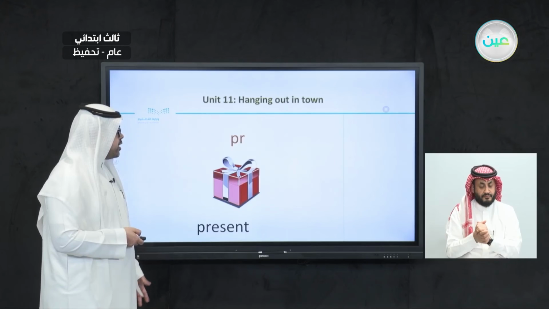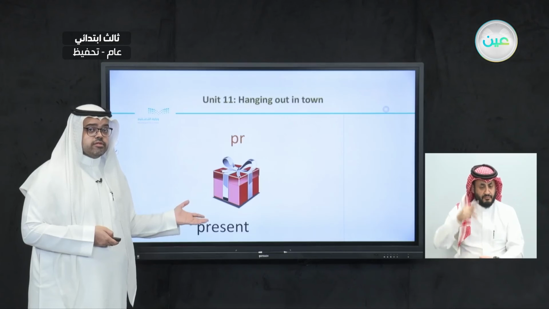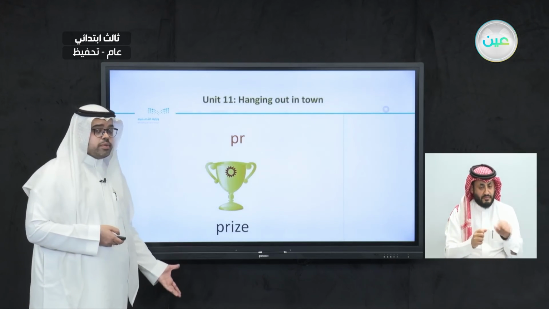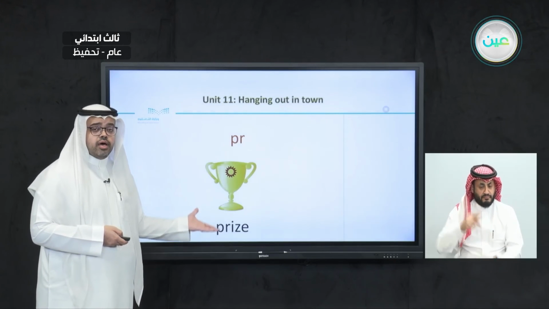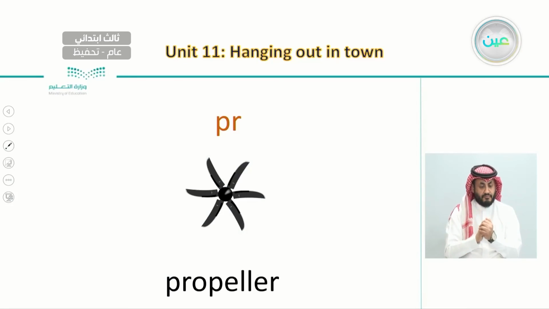The second blend starts with P and R, like present, present. And the next one that also starts with P and R, like prize, prize. And the third word that starts with P and R, which is propeller, propeller.